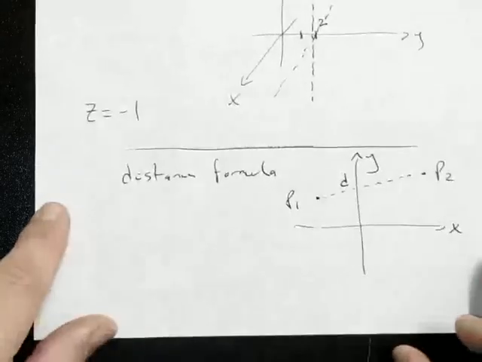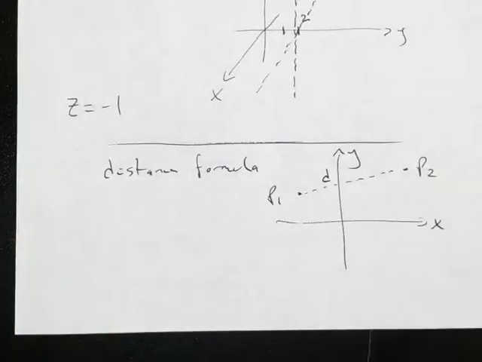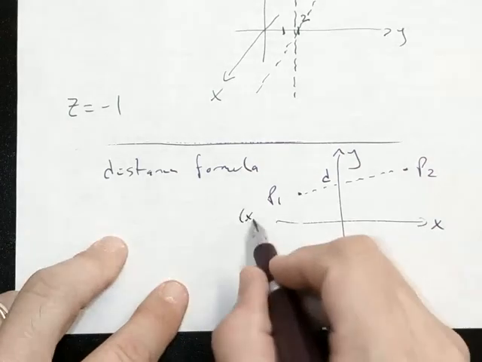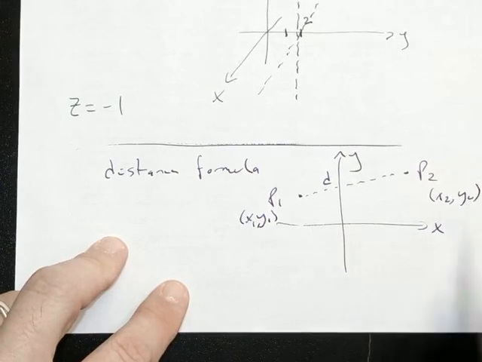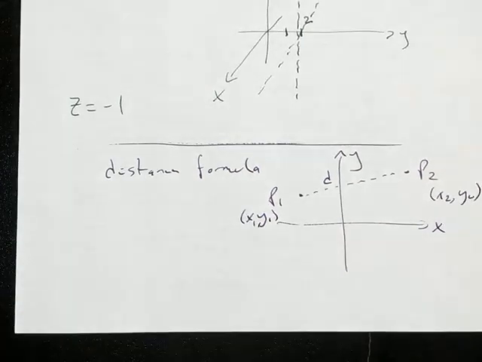I want the distance d between point 1 and point 2. So we'll call this x1, y1, and we'll call this x2, y2, and I'm just doing it in 2 dimensions. How do I figure out how far it is from point 1 to point 2?